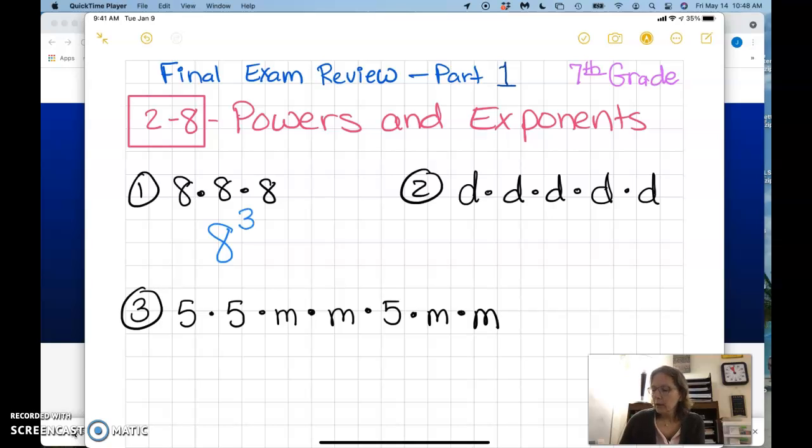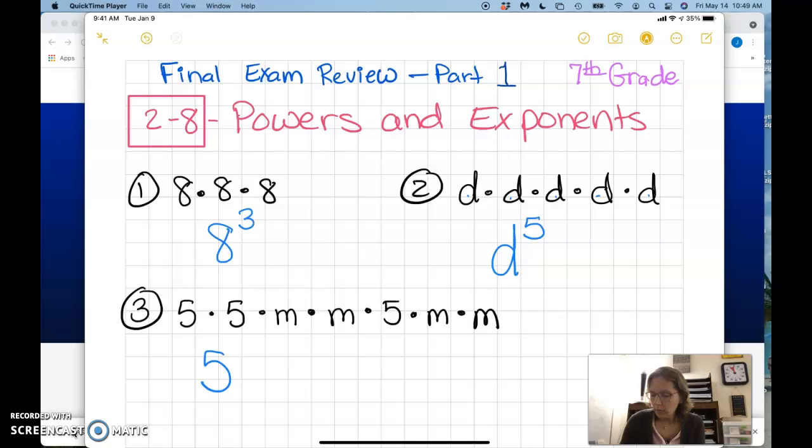Number 2, my base is a D. I write what I see, a D. And then my exponent is how many D's there are. I see 1, 2, 3, 4, 5 D's. So it would be D to the 5th power. And then for the last one, we have 2 different things going on in this one. So I'm just going to write the first thing I see first, which is 5.